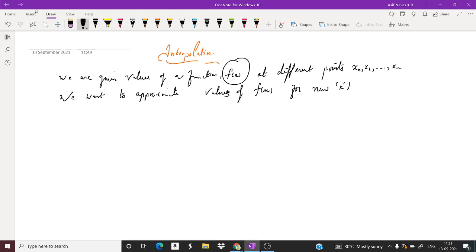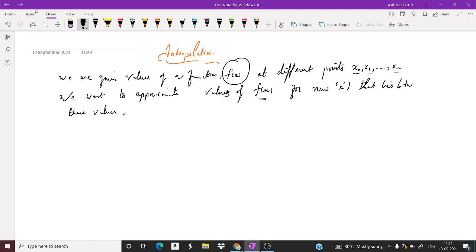That means we are given values of the function at x0, x1, etc. up to xn, and by using this we will approximate the value of f of x for some different x values that lie between these values.